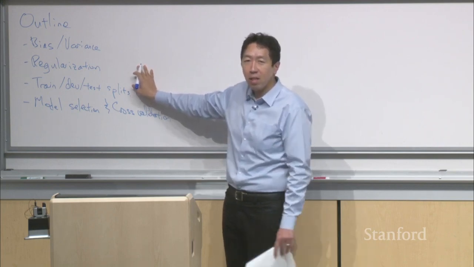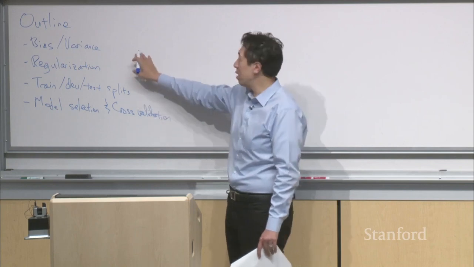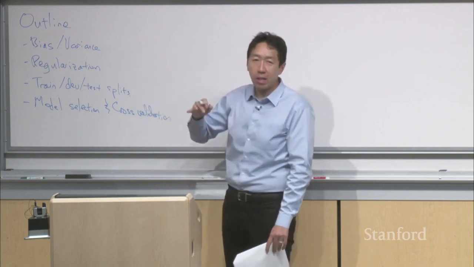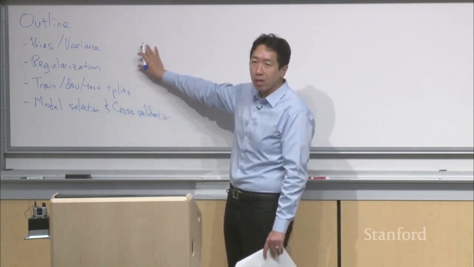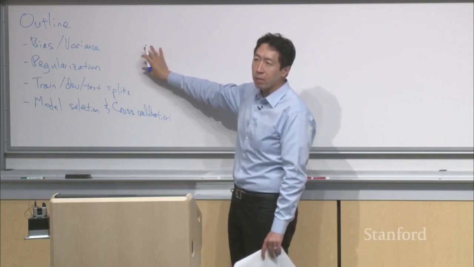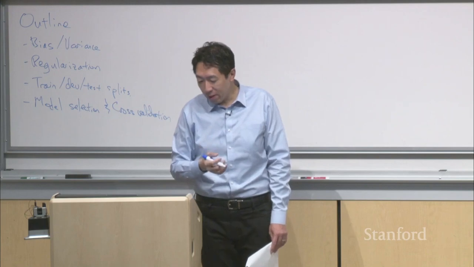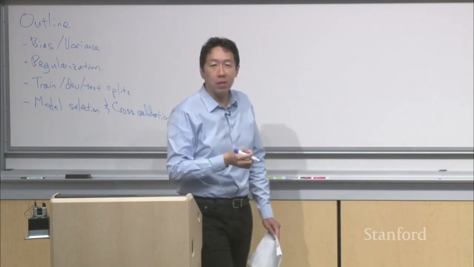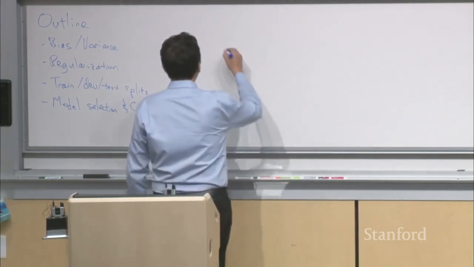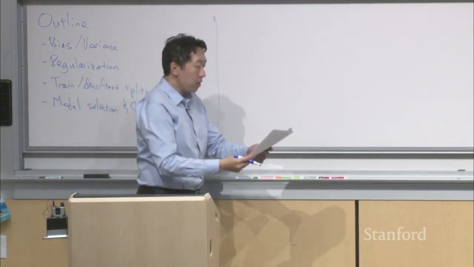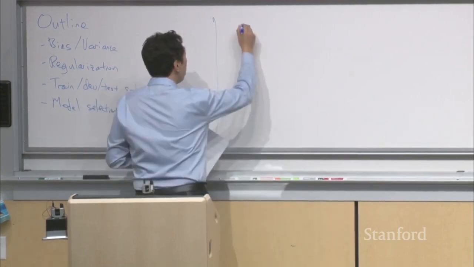So we still teach it, but we're doing it in the Friday discussion section, and that leaves more time for the main lecture here to talk more about the conceptual things that I think will help you build learning algorithms, as well as for the newer topics like decision trees and random forests, and neural networks next week. So anyway, let's talk about bias and variance.